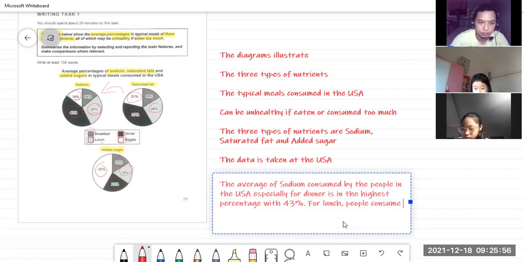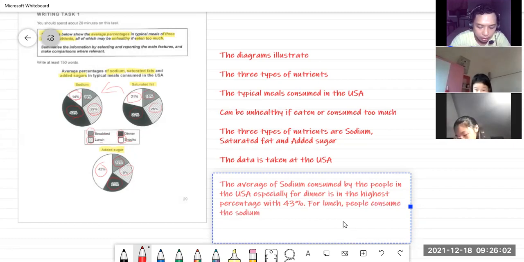Okay, so we have explained that for lunch, people consume the sodium in 29 percent.